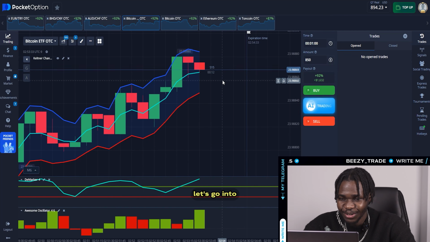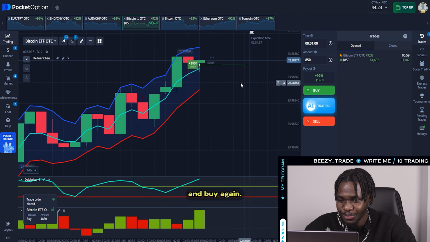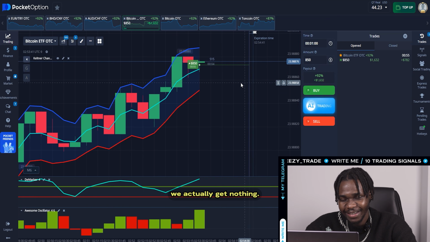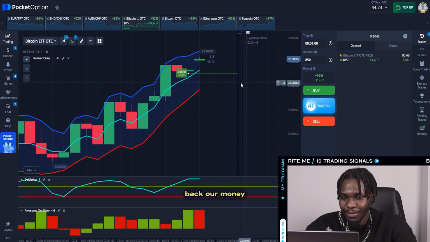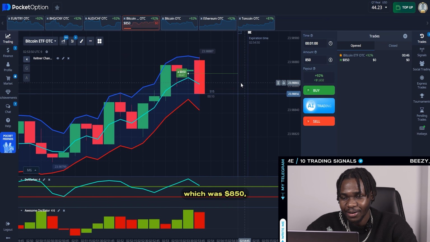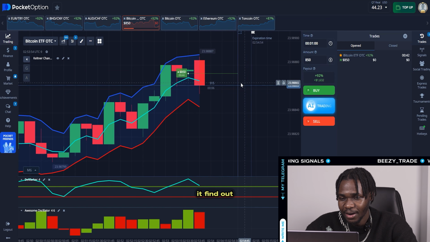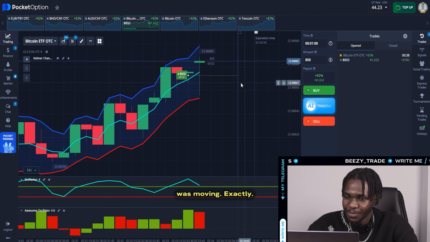So right now let's go into another trade. With the same amount, you just have to place on buy again. The last trade we got nothing. We invested about $850 and we got back our money, $850, because by the time it reached 1 minute, the market was exactly where we started from.